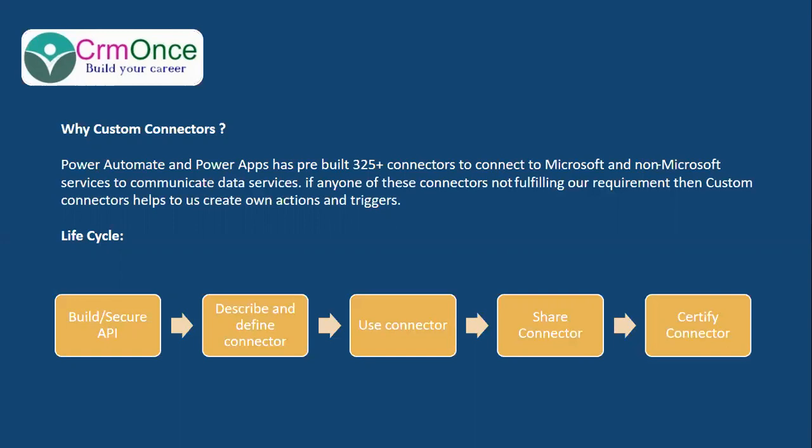And if you want, you can get your custom connector certified by Microsoft. The last two steps, sharing and certifying, are optional in the life cycle of the custom connector, but the first three are mandatory when you develop one.